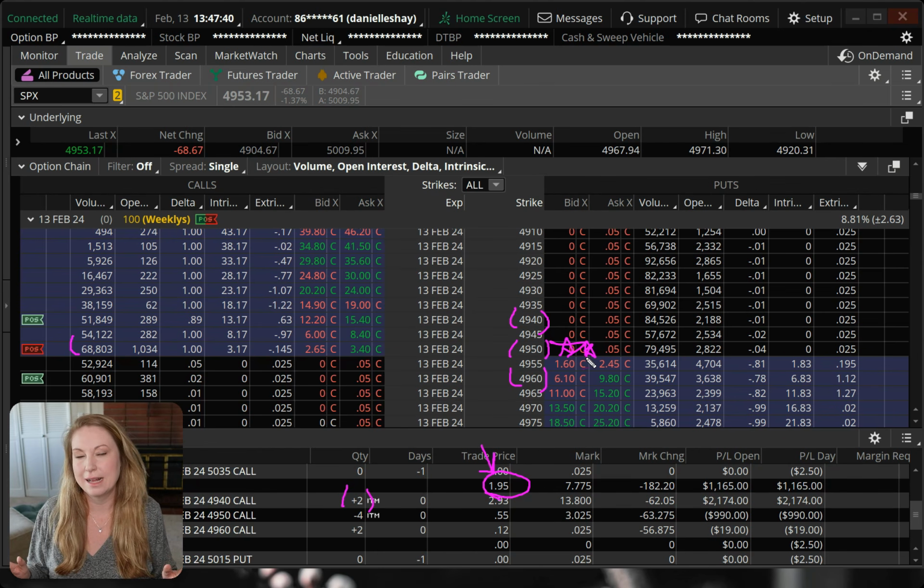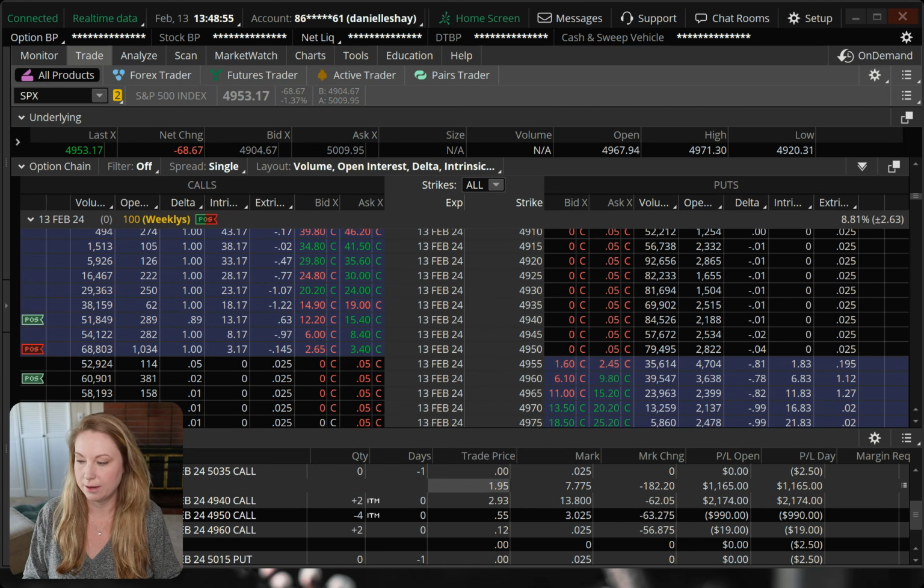It doesn't need to be exactly there. If it is exactly there, it's a perfect pin. But what I'm really trying to do is I'm just trying to capture the move from this 49.40 price point up into 49.50. I'm trying to find a cheap way to do that in the options market. So by placing a butterfly here, $10 wide, paid $2.